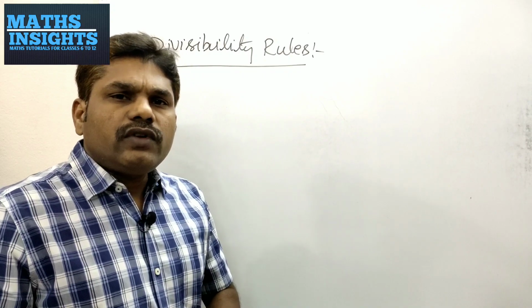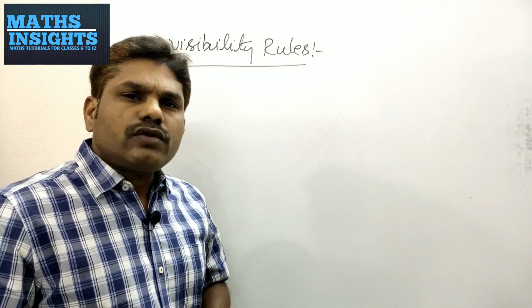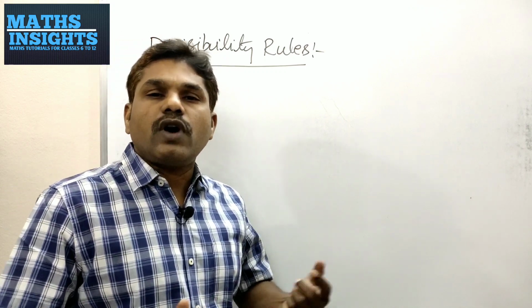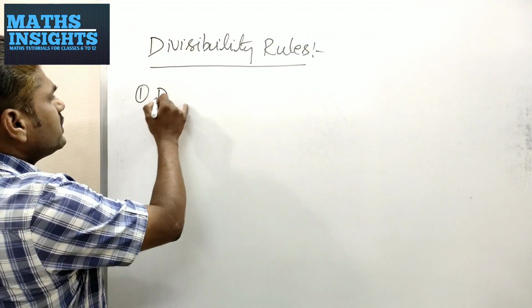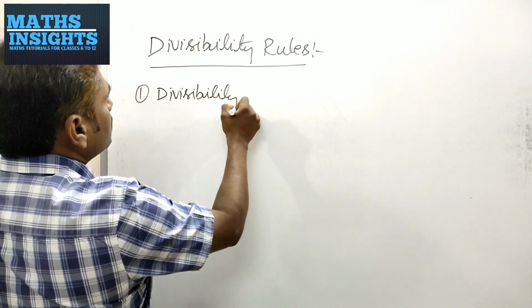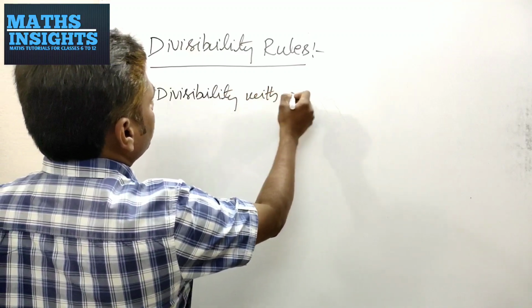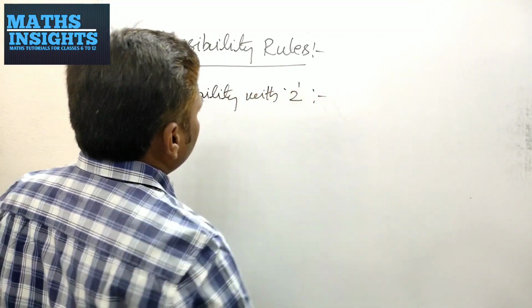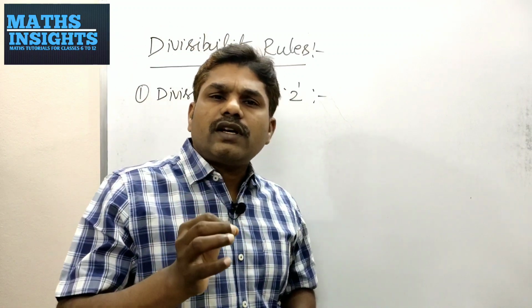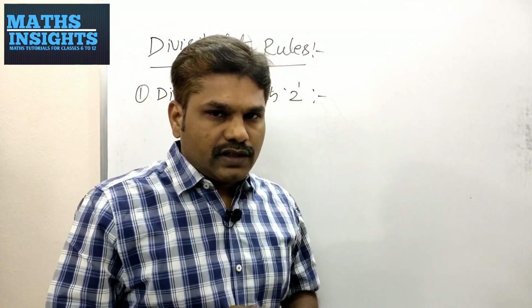First, I will explain how to identify whether a number is exactly divisible by 2 or not. See, divisibility with 2. If you take any number, you have to see the digit in the units place.